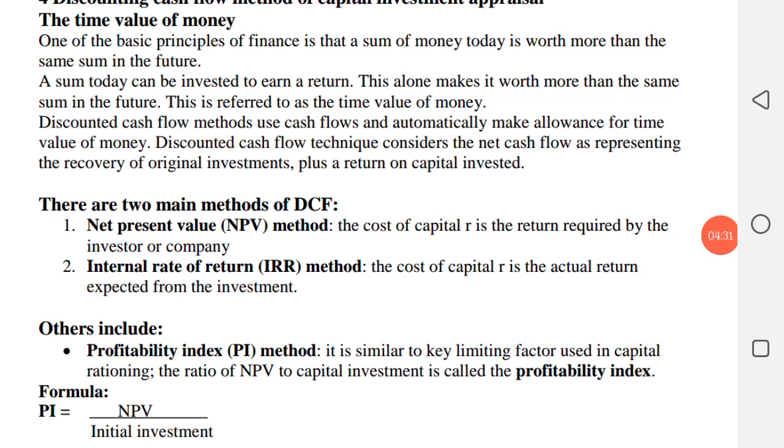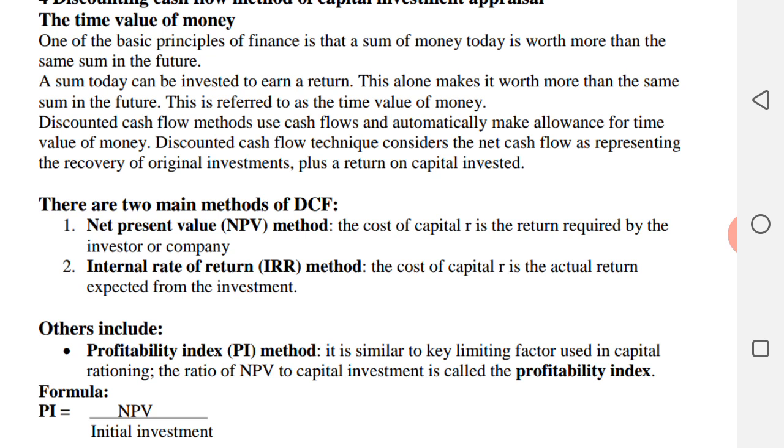So this discounted cash flow has two major methods. Though there are several methods, the major two that are part of our syllabus are the NPV, which is the net present value.